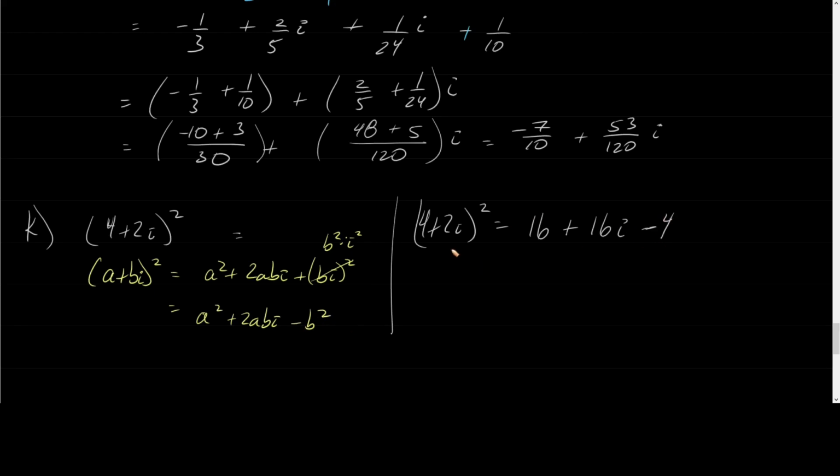Again, in here, you can think of this as it's saying 2i squared, which is 2 squared i squared. But 2 squared is just 4, and i squared is just negative 1. But anyway, so there we go. 16 minus 4 now is 12, so we have 12 plus 16i as our final answer there, right?